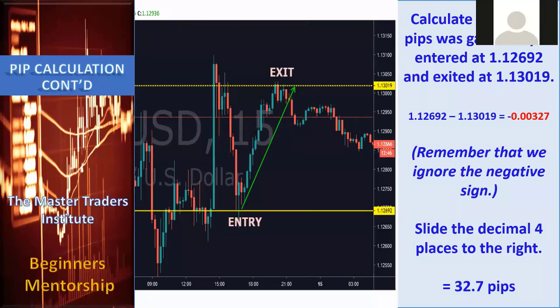What you did is that you made a mistake in sliding the digits. So what you are supposed to get is 0.00327. If you slide your decimal places 4 places to the right, you will find out that what you have is 32.7 pips. So it's not 327, it's 32.7.